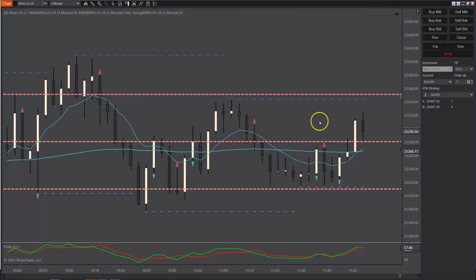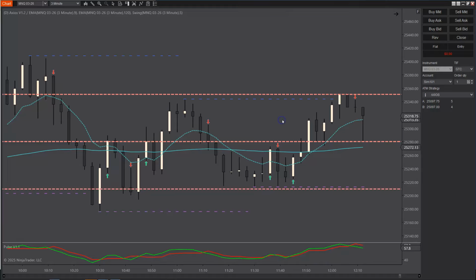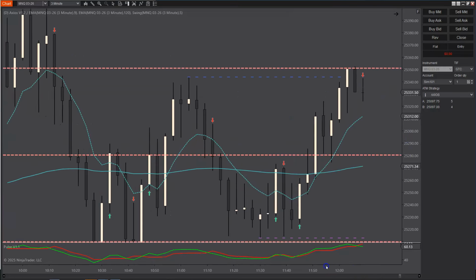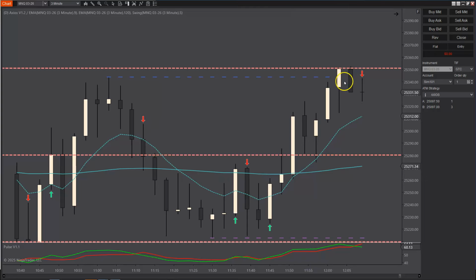Now, setup A, mean reversion to the 9 strategy. See how this candle? I've been paying attention to these trades for a while now. They work. So our target here, we get a red arrow, oddly enough, far away, far enough.